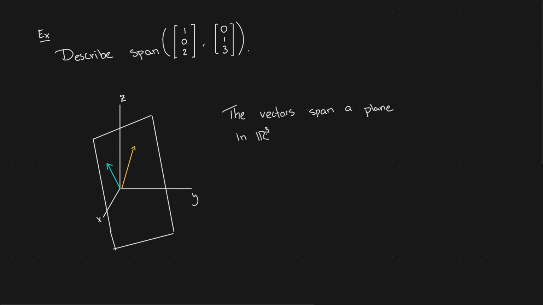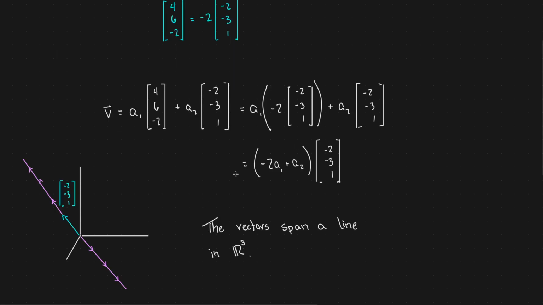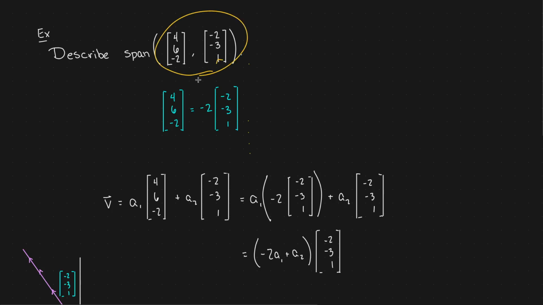So hopefully you're starting to see the pattern. Back here, we had two vectors, but they weren't independent, right? One of these vectors could be described as a linear combination of the other vector. It wasn't really adding anything. So really, I only had one useful vector with new information, one independent vector.